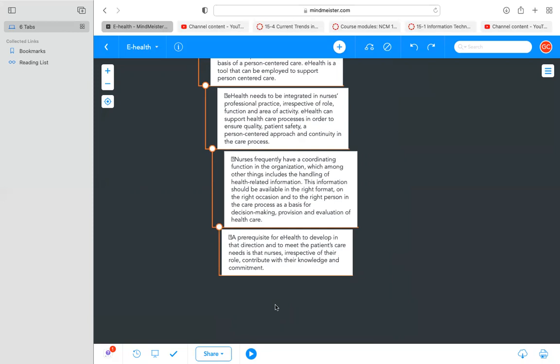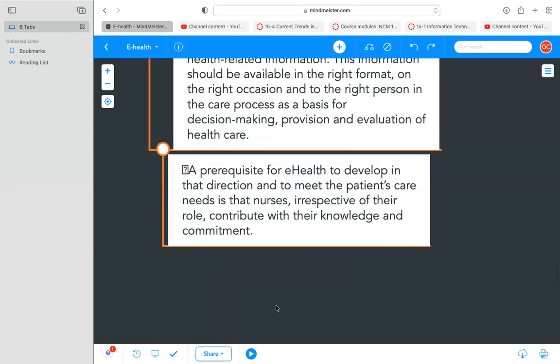And I'm sure that by this time you have realized how information and communication technology would make all these tasks more efficient. So a prerequisite for e-health to develop in that direction and to meet the patient's care needs is that nurses, irrespective of their role, will contribute with their knowledge and commitment.